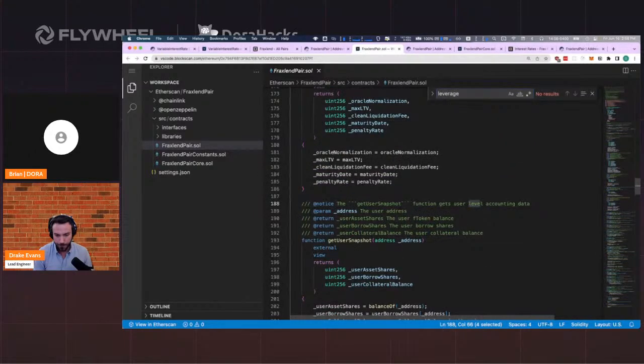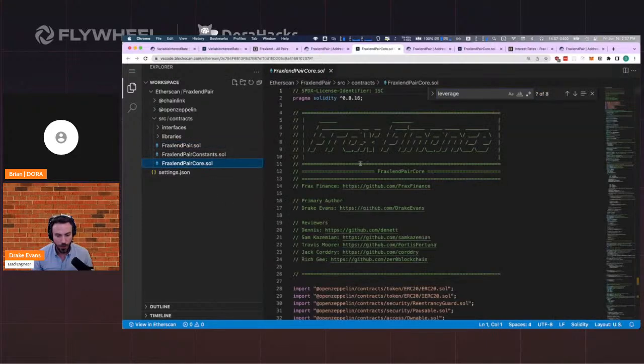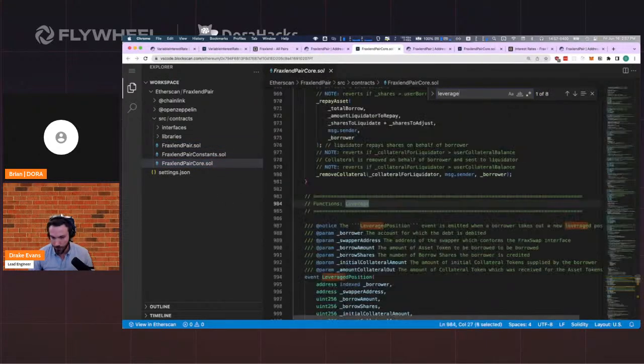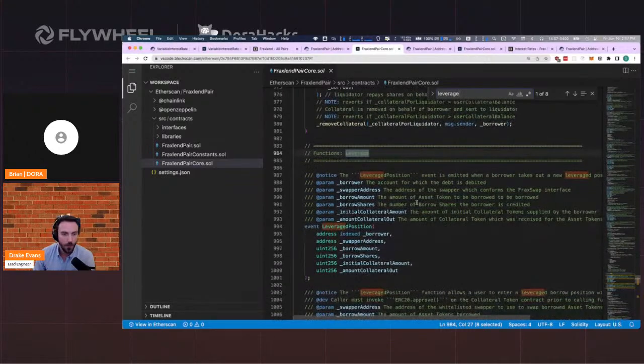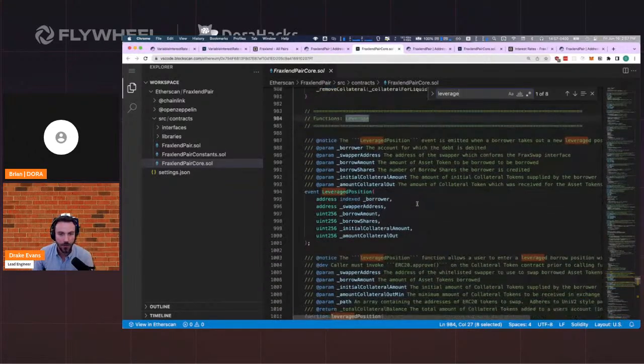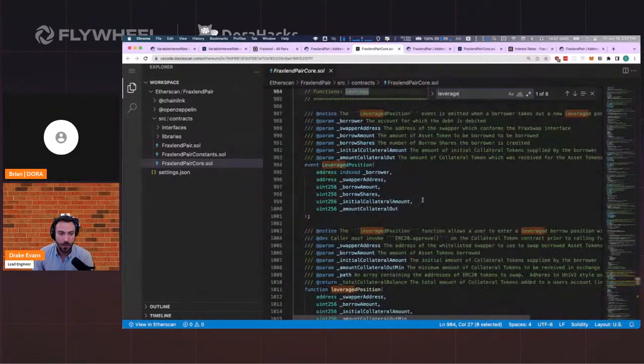And for those who don't know the basics of what I'm talking about, typically what can happen is someone wants to enter a position. Let's say they have $100 of CRV.